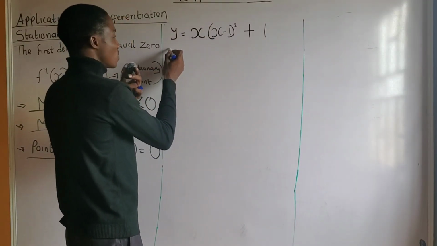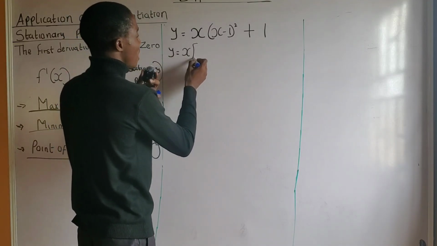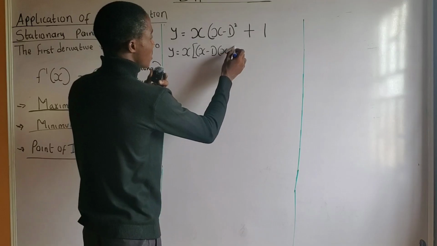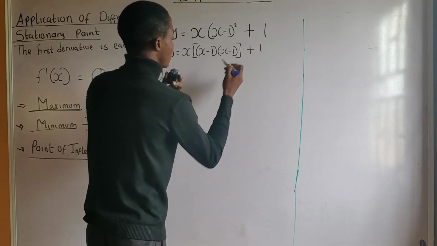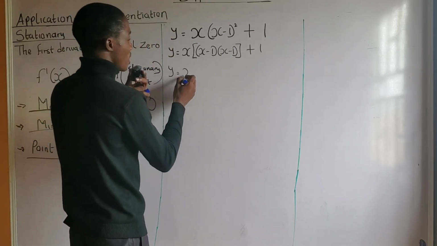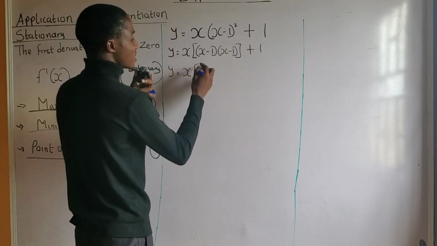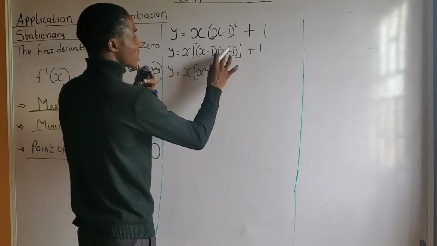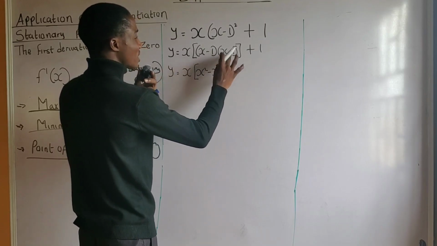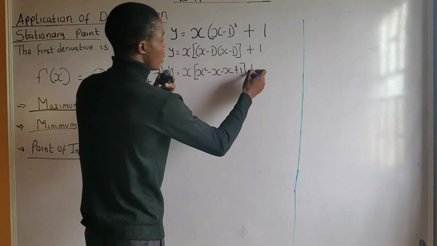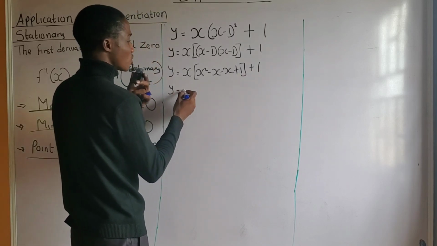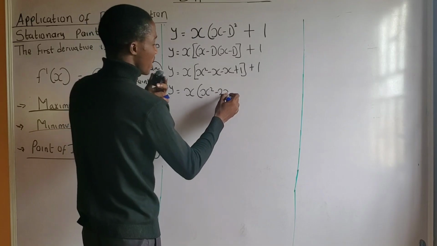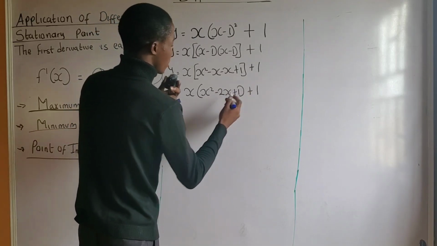I can rewrite y as x multiplied by x minus 1, x minus 1, then plus 1. x times x is x squared. x times negative 1 is minus x. Minus 1 times x is minus x. Minus 1 times minus 1 is plus 1. Plus 1, okay? So y equals x multiplied by x squared minus 2x plus 1, plus 1.